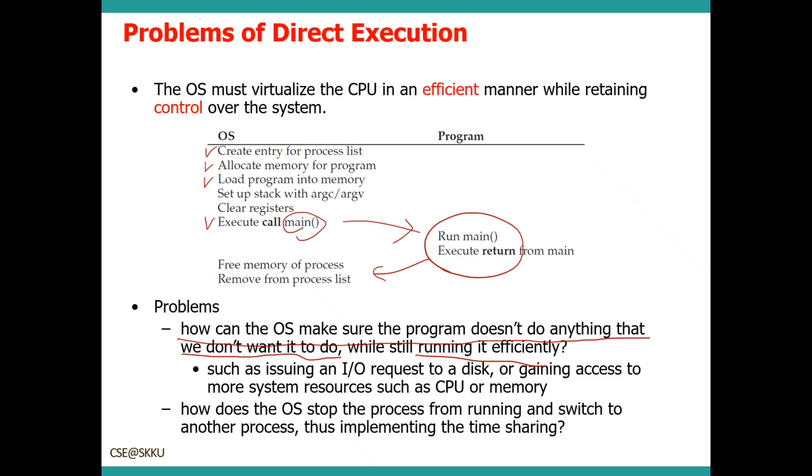In general, if an application issues an IO request to the disk or tries to gain access to a restricted system resource such as the CPU and memory, the operating system must control the resource access of the application. And the second problem is how the OS stops a process from running and switches to another process, thus implementing time sharing.